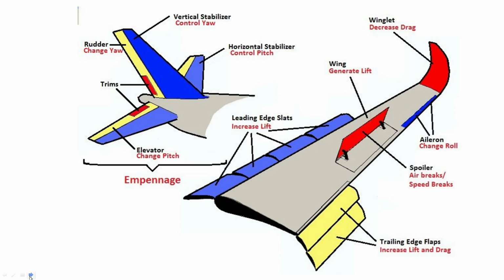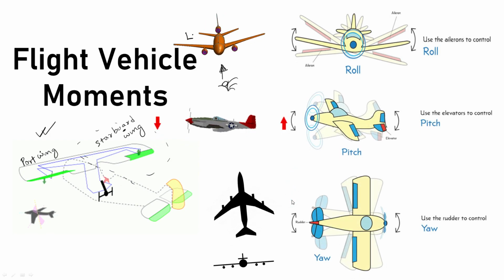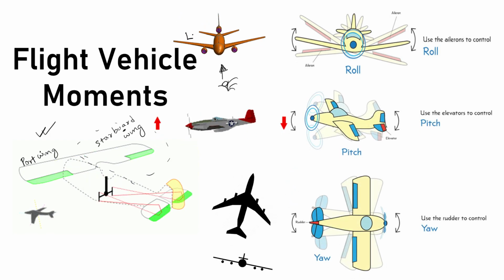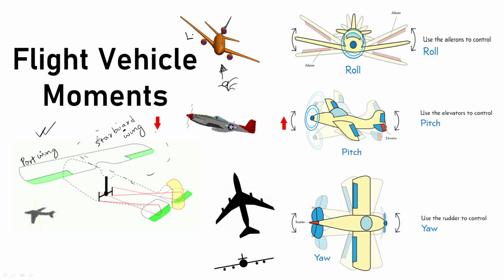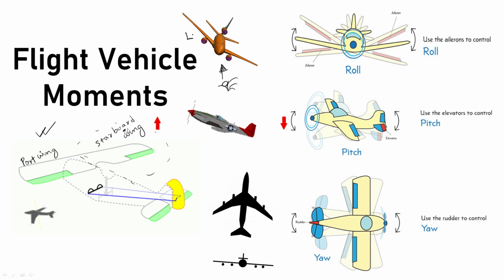Now switching to a very important part, the flight movements. So you know what the basic flight movements are. Here you can see two things written, port wing and starboard wing.